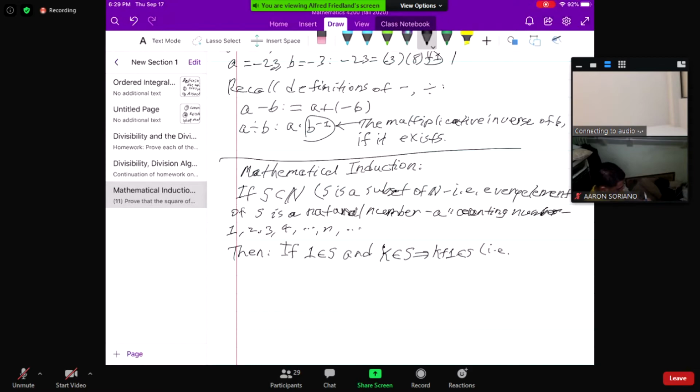So what this really means, so I've written it as K, that's really meant to be a lowercase k. There's an uppercase K, that's a lowercase k. And also that's an uppercase U, but a lowercase u has this sort of tail on it. Anyway, so this says K is an S implies K plus 1 is an S.